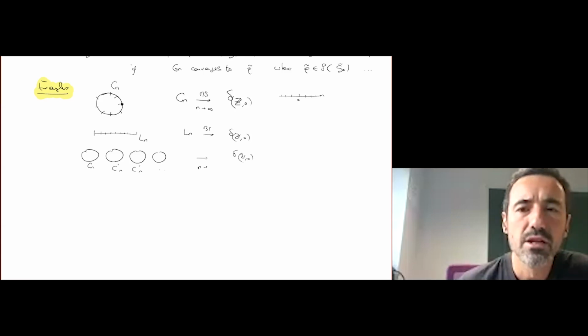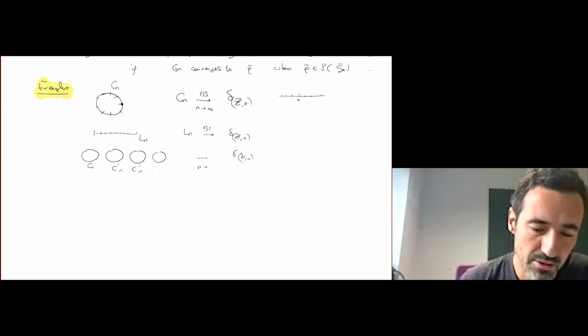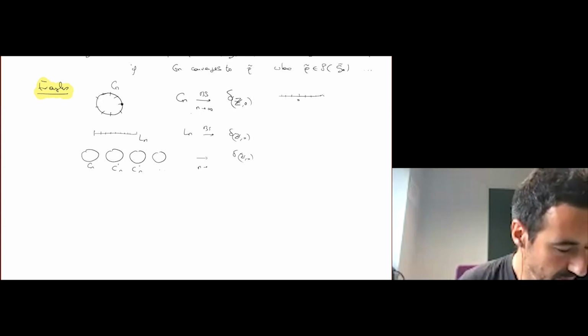So you do not see any information on the connected components, or their number, through the Benjamini-Schramm topology.